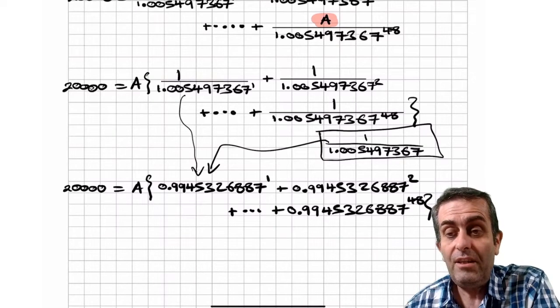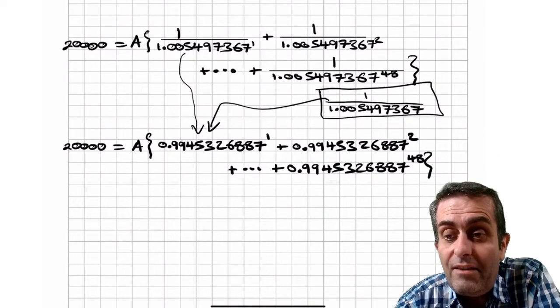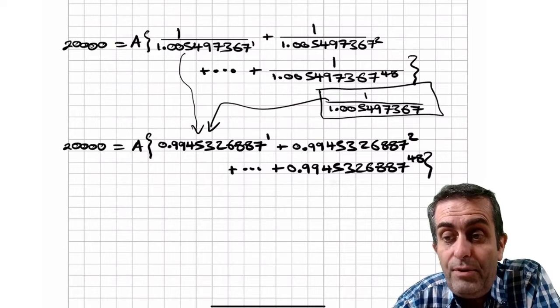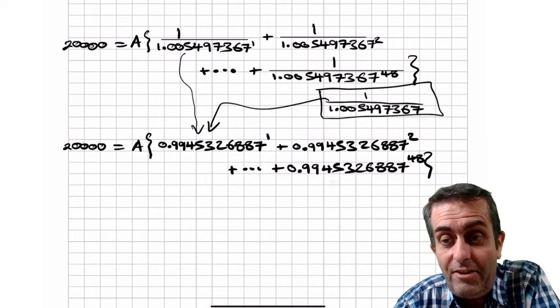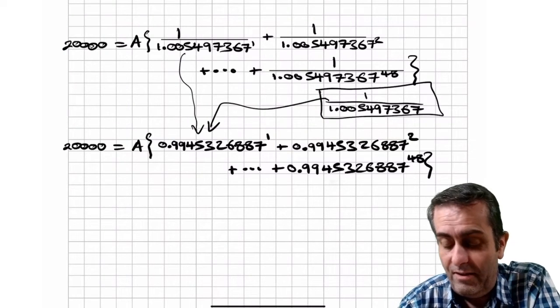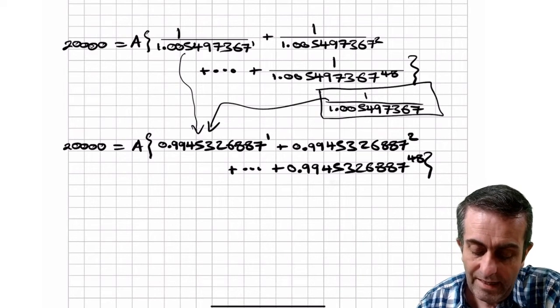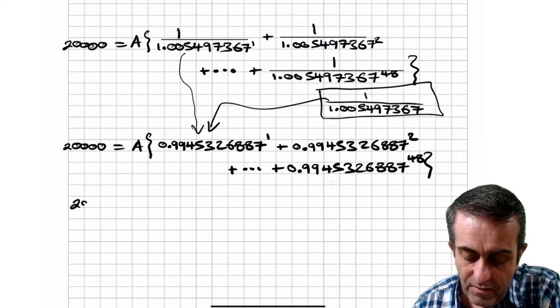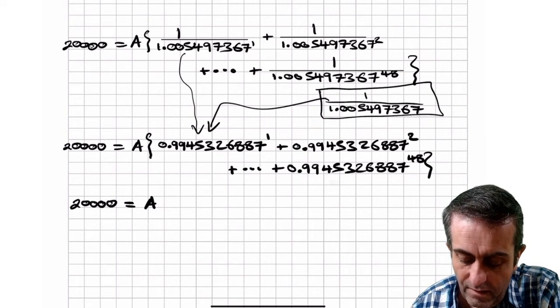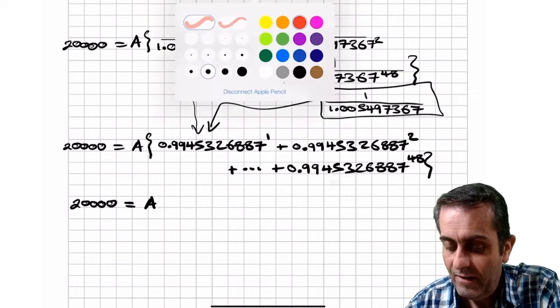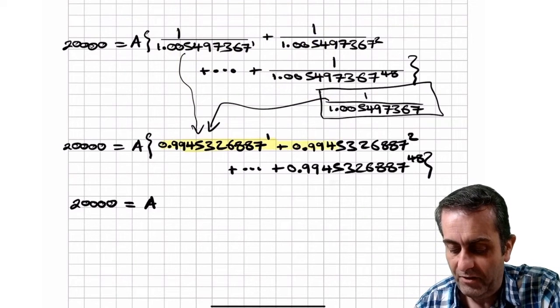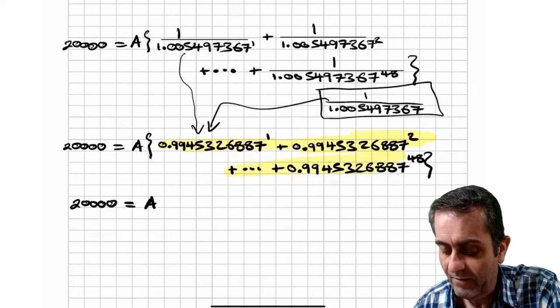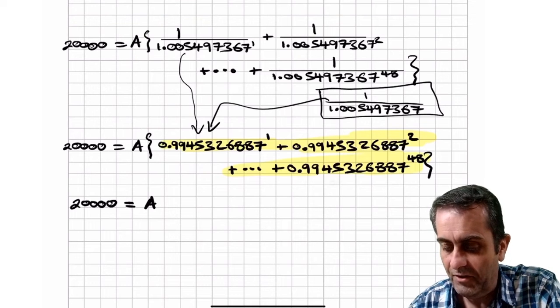Okay, so that's including all of the terms of the series. Now that division I've done is purely and simply to avoid fractions. And then I would put that 0.99 etc. number into the memory of my calculator to make the steps easier in the next few minutes. So then we have 20,000 equals, I hope you can see that here we have a geometric series. Okay, this part that I'm highlighting is a geometric series.